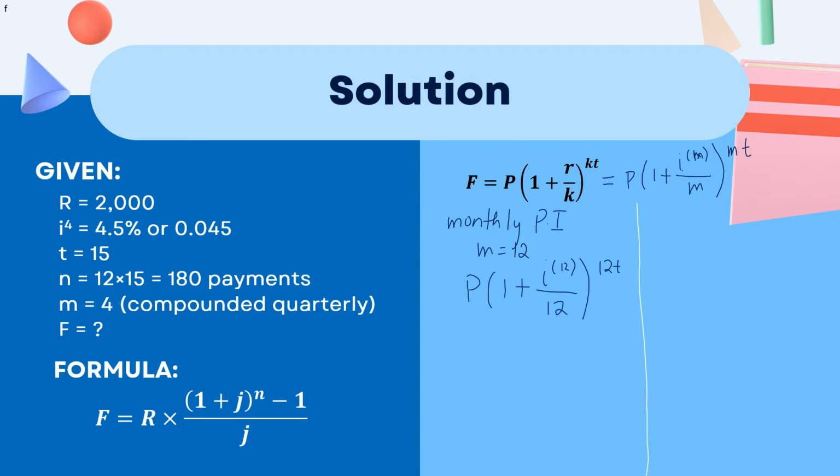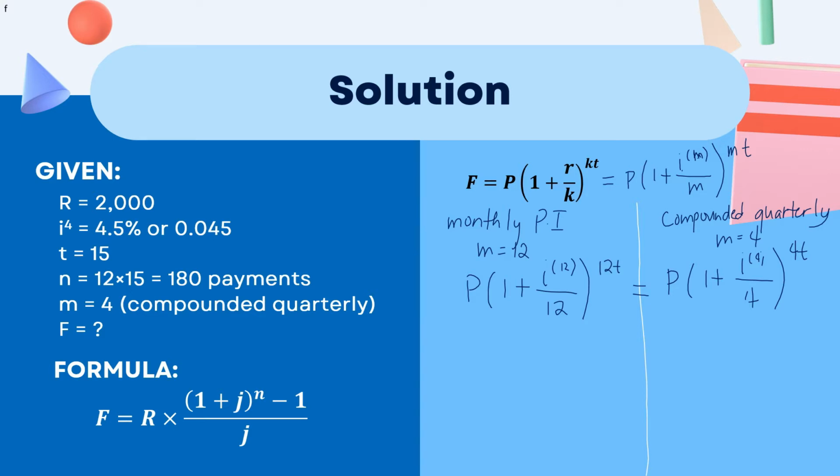While sa ating compounding period naman, which is compounded quarterly, M is equal to 4. Ang F naman natin is equal to P times 1 plus I over 4, raised to 4 times T. So, kailangan lang natin gawin dyan to get the equivalent rate, i-equate lang natin sila sa isa't isa.